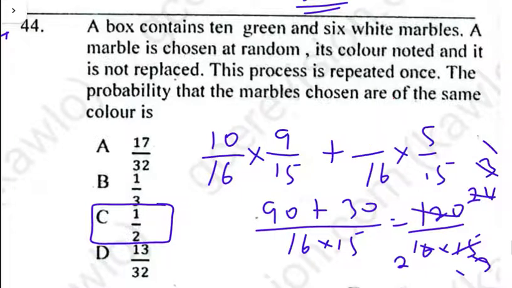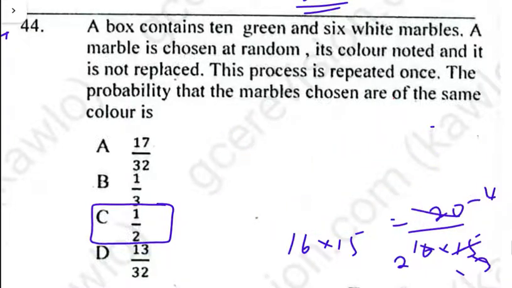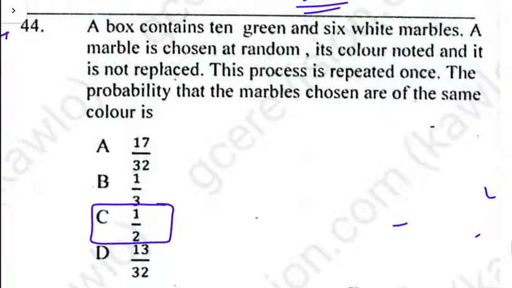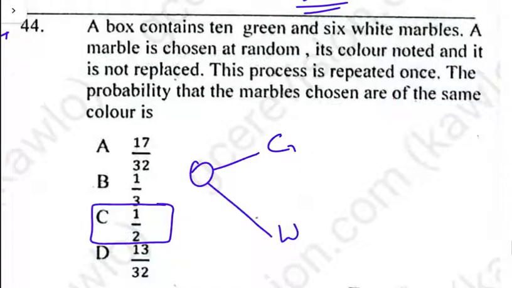Alright, let's check this with a tree diagram as well. So this is our box here. The first is green or is white. For green we have 10 on 16 for the first row. For white we have 6 on 16.